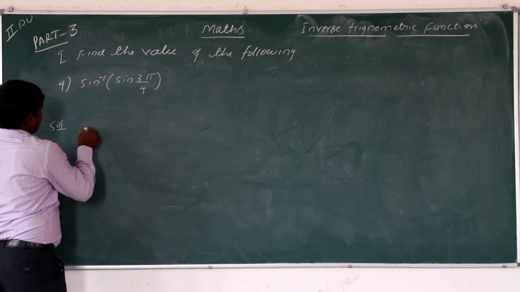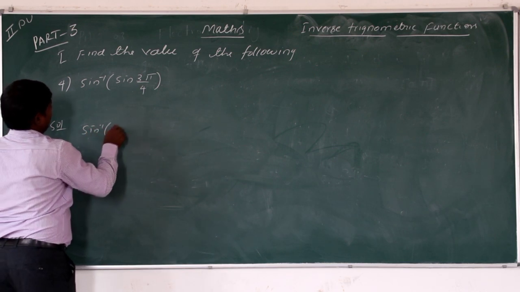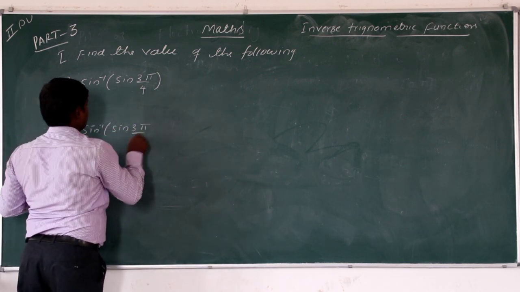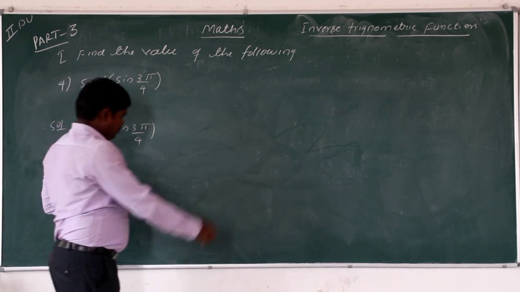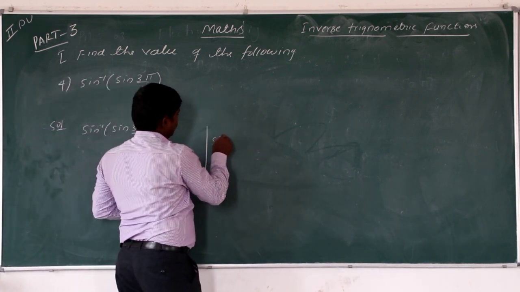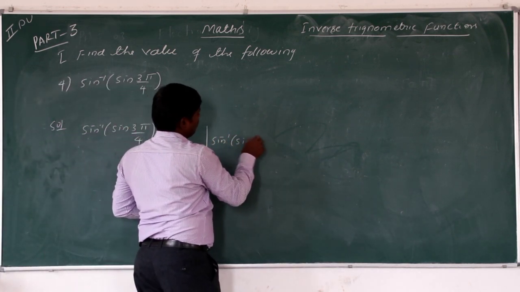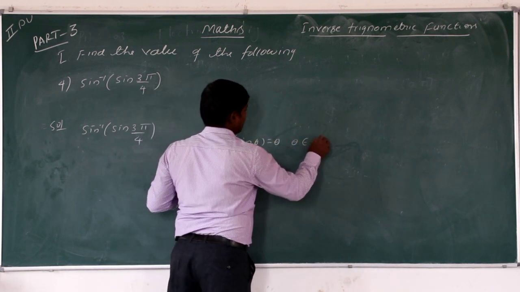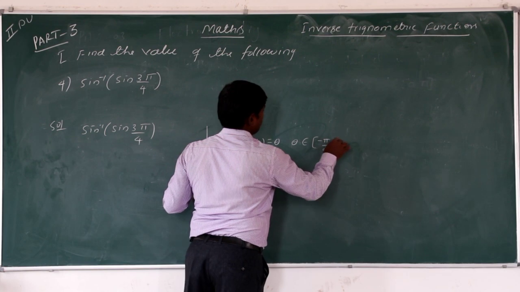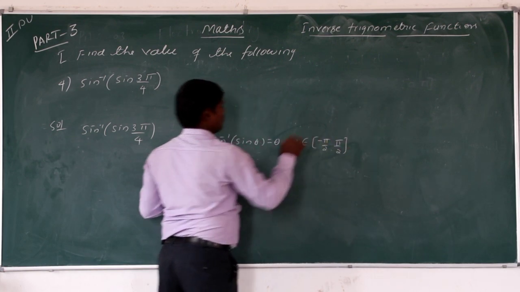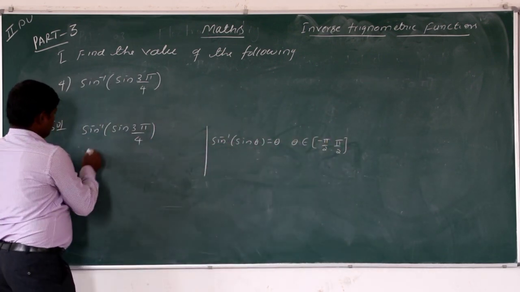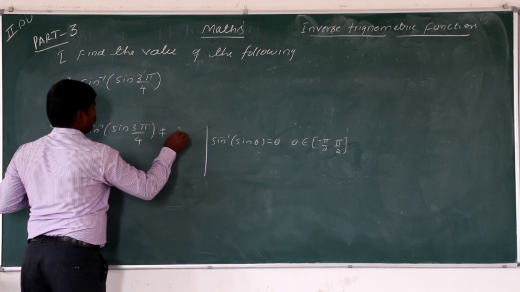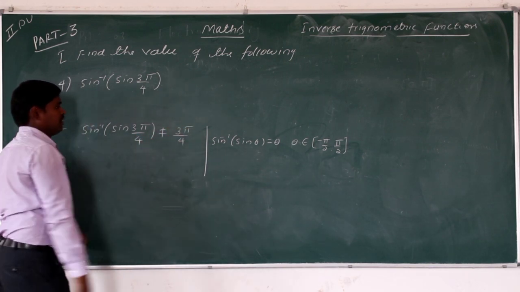By the property, sin inverse of sin theta is equal to theta if theta lies between minus pi by 2 and plus pi by 2. So the value of this is not equal to 3 pi by 4.